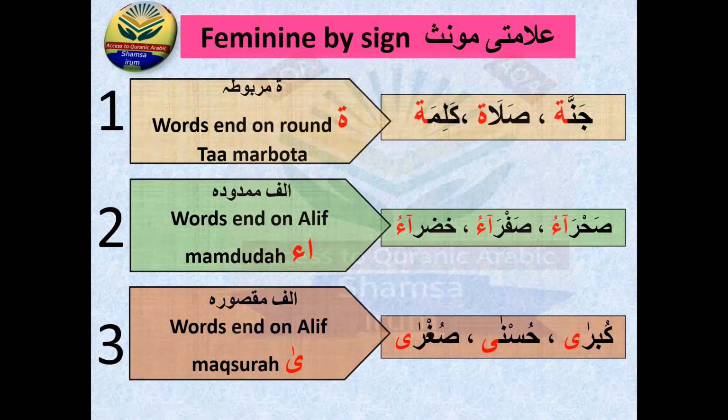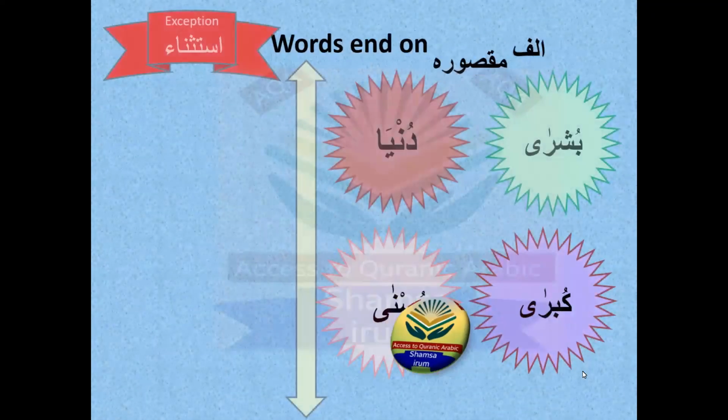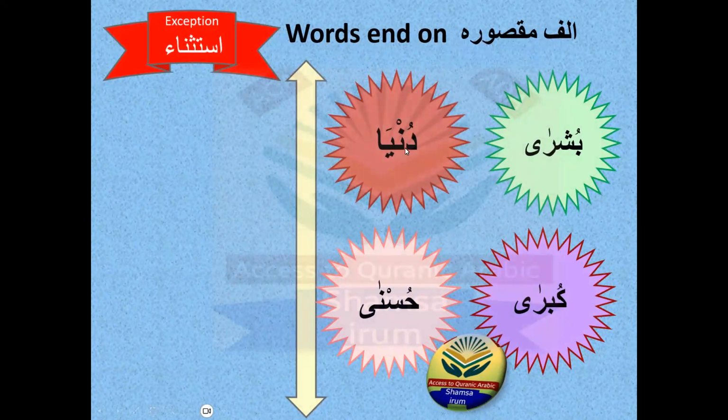Why am I saying that when you understand the feminine, automatically you will understand the masculine? Because when you know this sign, when you see this sign, you know that it is feminine, not masculine. Okay, I will show you some more examples like Bushra, and I put one more word as well, Dunya.